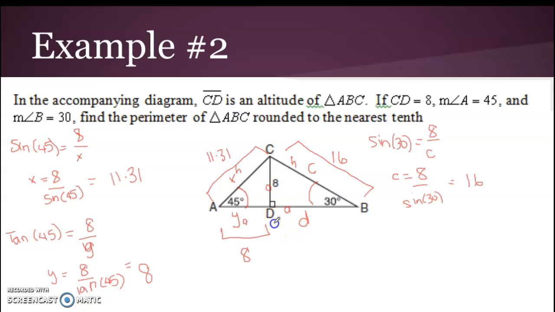So the other piece that we need to find is this one right here, which is going to be O and A, so that's tangent.